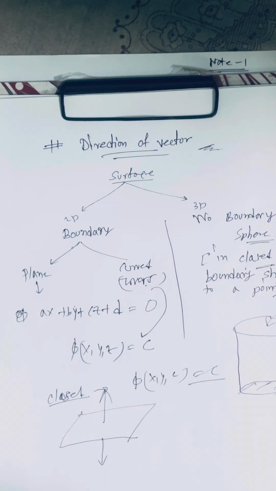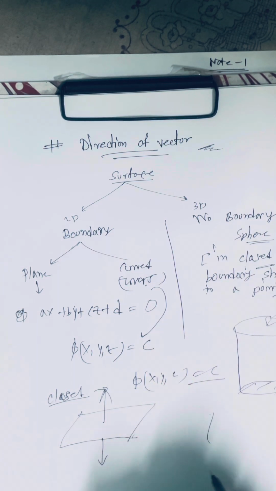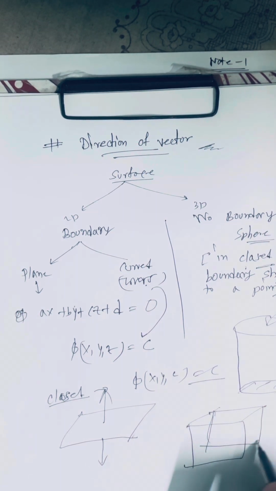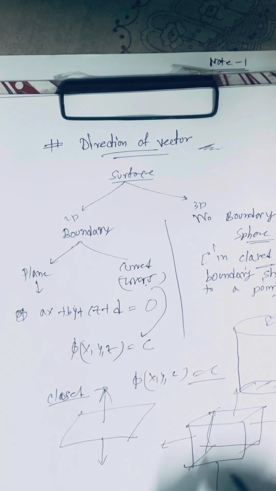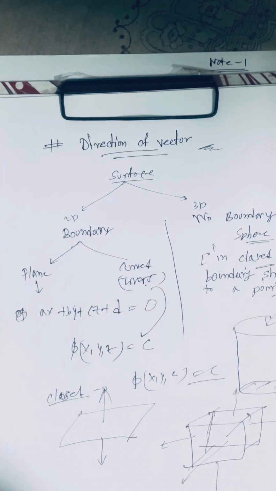Okay. Now this is for our normal, and this is for plane. If I take a cube, where is the normal? There is 6 normal, because 6 surface. One is there, and other is here. So this is in the closed surface.